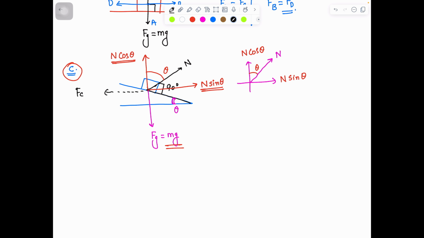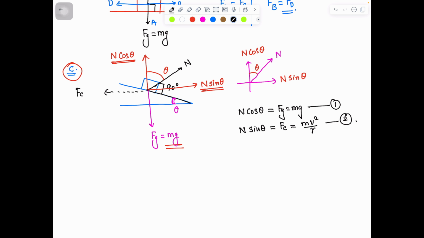So from this equation, n cos theta is balanced by Fg, which equals mg, equation 1. Up and down. Left and right, n sin theta is balanced by Fc, or F net, which equals mv square over r. This is your equation number 2. Do you understand this part?